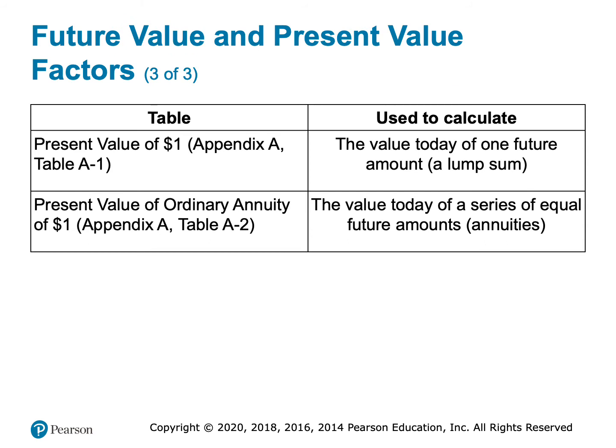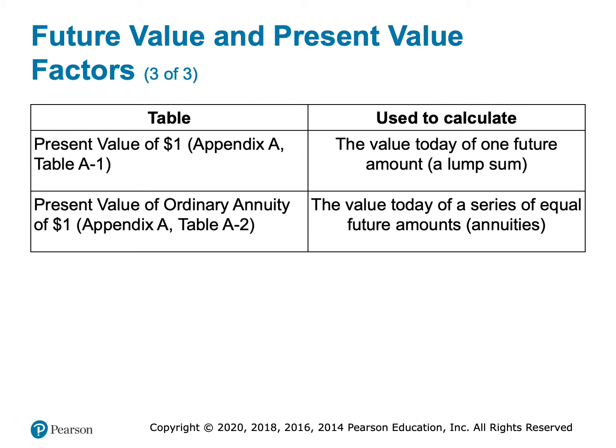So again, we're going to need two tables. You're going to notice if you printed out your notes, or you're looking in your book, there are present value tables and future value tables. We're only going to need the present value tables. You'll notice that there are two of them. There's present value of $1, which you'll also hear called present value of a single sum or present value of a lump sum.